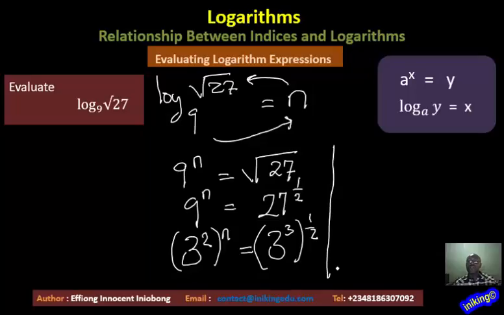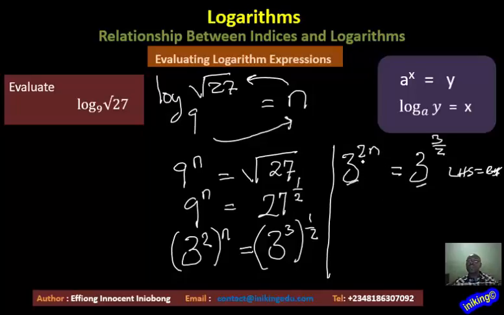I'm sure we're following. Now I proceed. My left hand side becomes 3 raised to the power of 2n. Remember, our objective is to find n, which is the value of logarithm of root of 27 to base 9. Now this side again, 3 times half will give me 3 raised to the power of 3 over 2. Now left hand side is equal to right hand side. The two bases are the same, 3, 3.